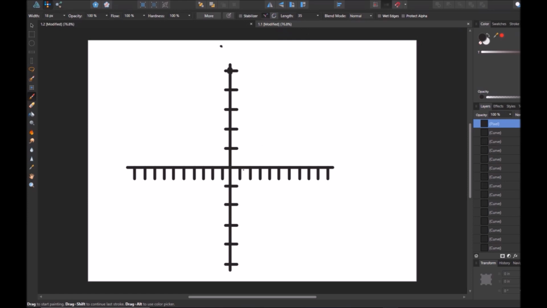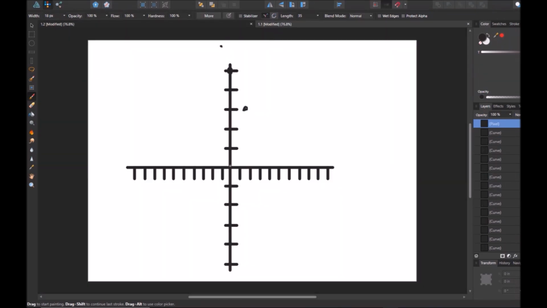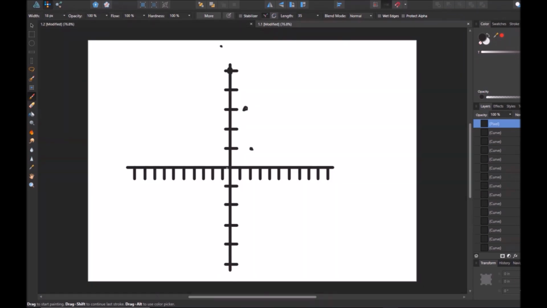And then our next point is (1, 3). So we go to the right of the origin by 1 and up 3. Then our next point is (2, 1), so we go to the right of the origin 2 and up 1. And then our next one is 5 over 2, which is just 2.5 and 0.